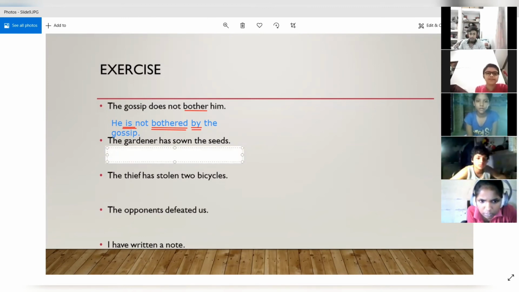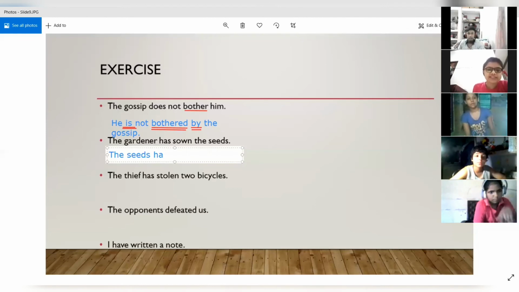Yes, Pranjal, repeat. The seeds has been. No, this is the wrong thing you will say. When you are using seeds, it won't be has, it will become have. Have been. Yes. The seeds have been sown by the gardener.